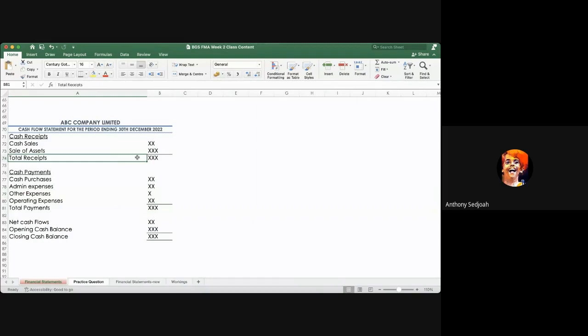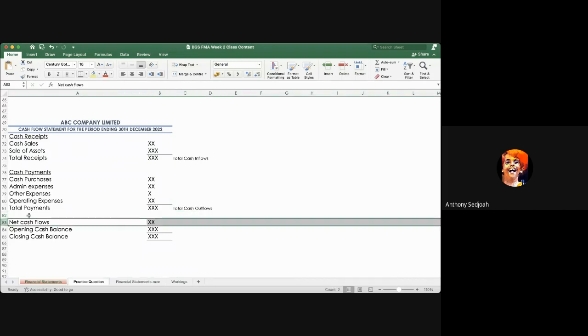So the total receipt is the same as total cash inflows. And the total payment is total cash outflows. So the net is the difference between the two. The net cash flow we have over here is the difference between the cash inflows and then the cash outflows.